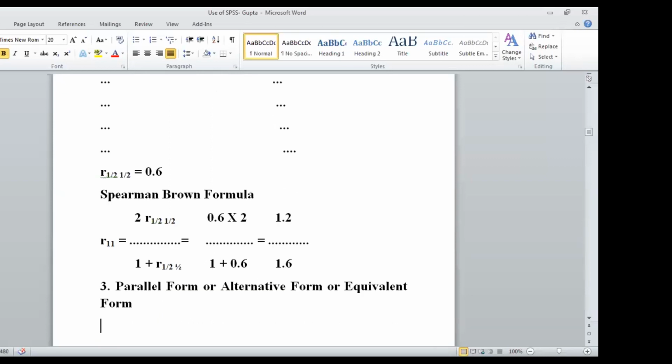Now, from this particular name, I'm sure you have understood that you have to have 2 forms of the same tool. And when you have 2 forms of the same tool, if in one form you want to have 30 items, then in the second form also you have to have 30 items.